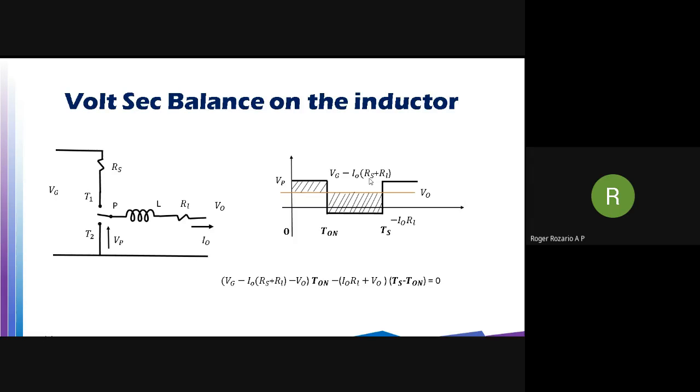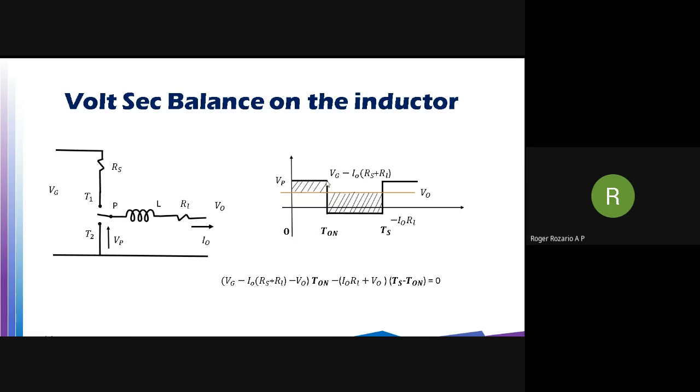During the off time, the switch P is connected to T2. So the voltage drop I naught into RL comes into the picture, and again the output voltage is V naught. So during the on time, the voltage across the inductor is Vg minus I naught into Rs plus RL minus V naught.